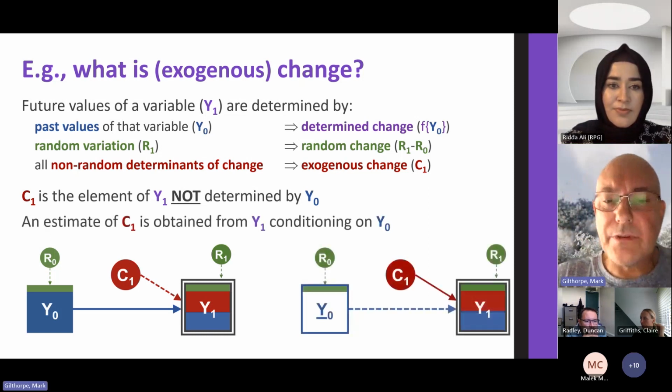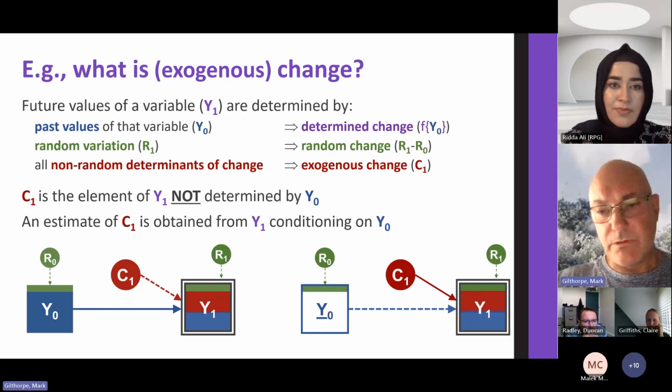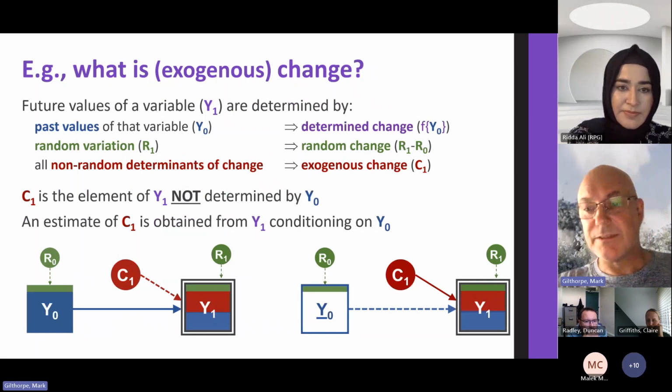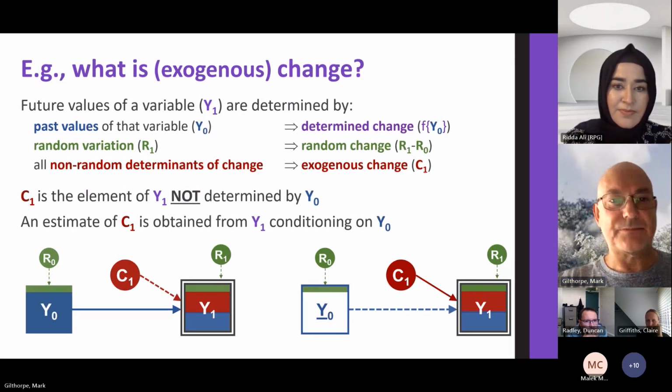Well, if we want to remove the effects of Y0, we condition on them. So the best estimate of C1 is obtained by taking Y1 and conditioning on Y0. And it will be an estimate, it'll have the noise element in there too, but it'll be a far better estimate than subtracting Y0 from Y1, because that isn't change.